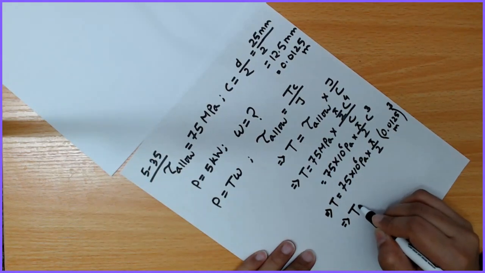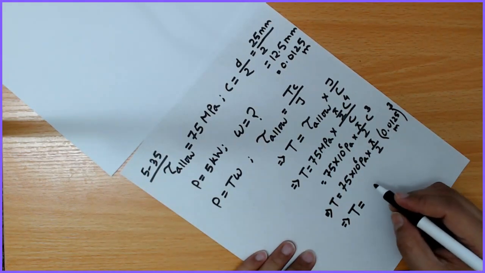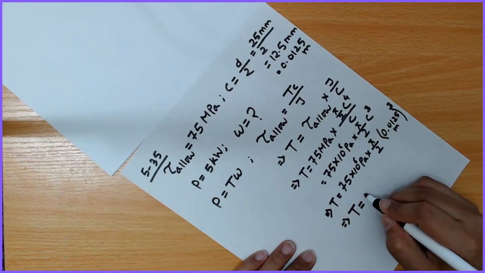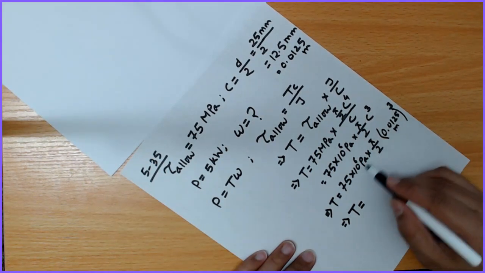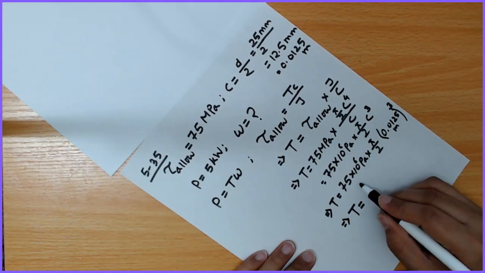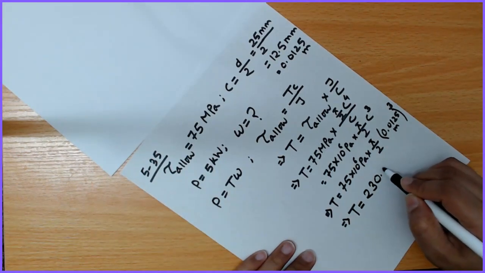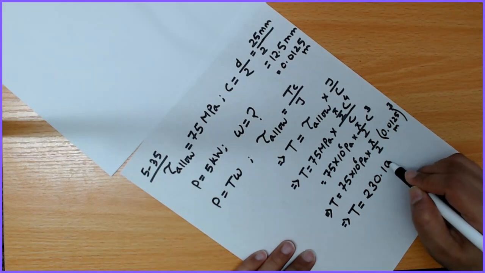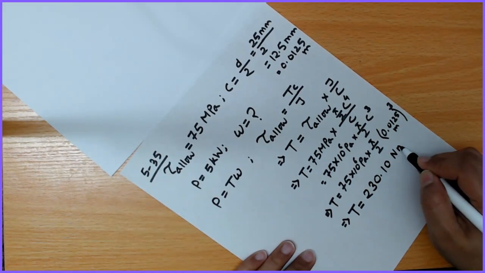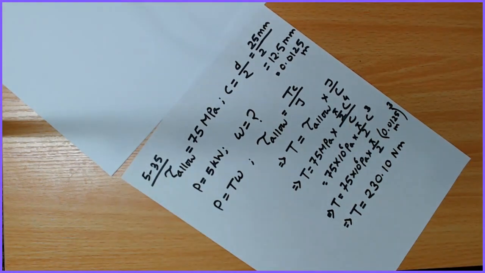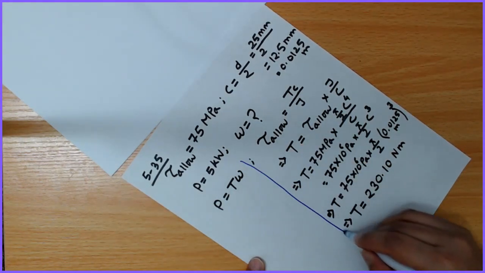So if I calculate these values, T is going to be 230.10 Newton meter. Okay, 230.10 Newton meter.